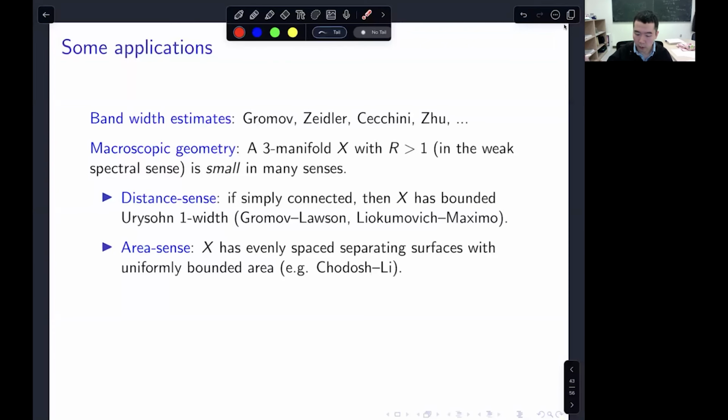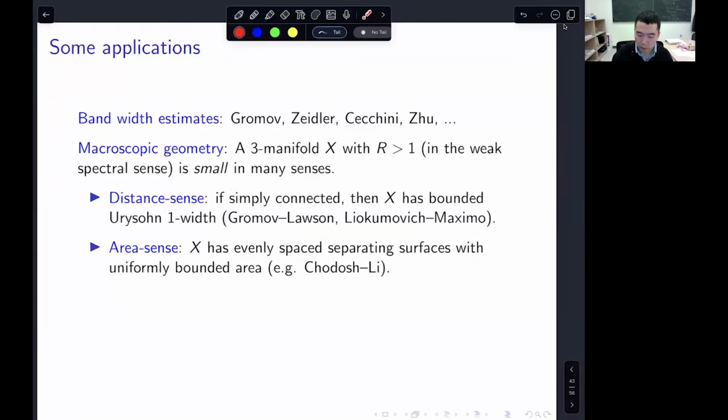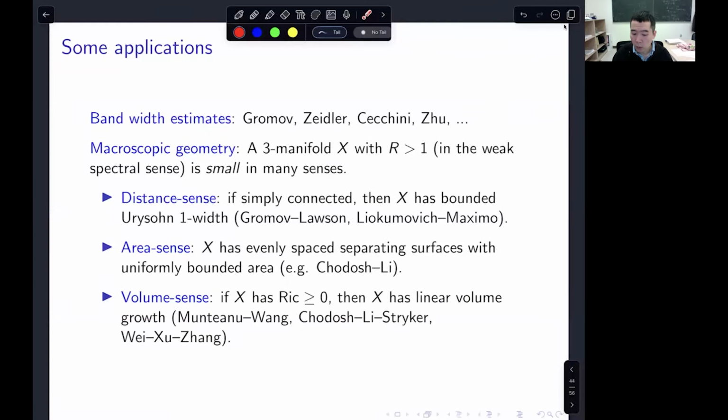So each of the small surfaces is small in area. And also, the volume growth of such manifolds could not be so large. So particularly if you assume Ricci is non-negative and you assume X is complete, then such a manifold X can only have linear volume growth. So it's really one-dimensional in the volume sense.